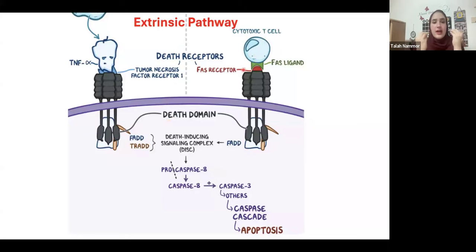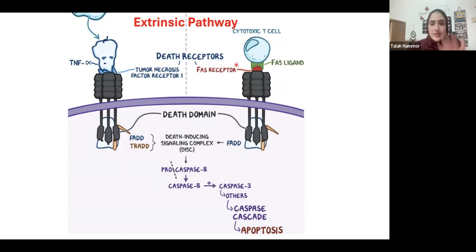Extrinsic, from the name, means outside the cell. Outside the cell, we have receptors. These are called death receptors. They're just there for whenever the time comes, a cell might attach to it and trigger the death process.